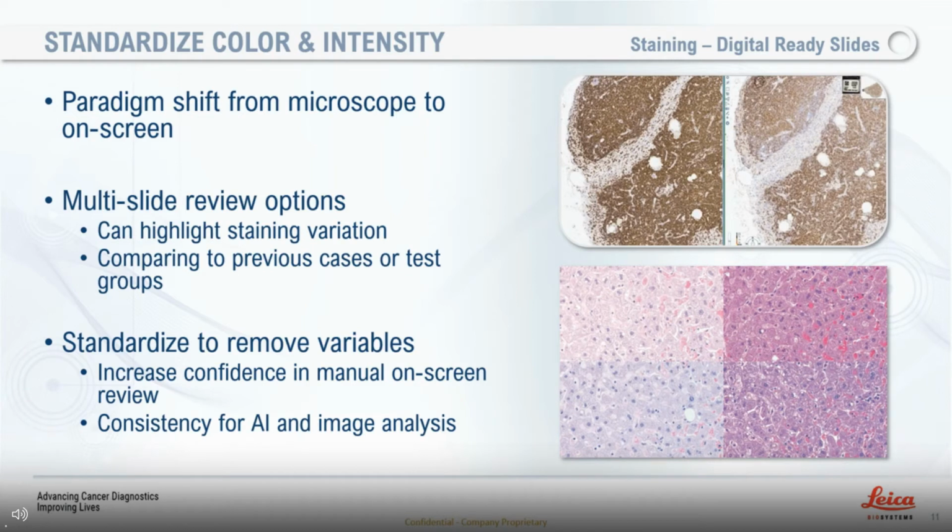As you start looking at leveraging digital pathology, either for sharing across multiple sites where you have your tissue coming from different labs and either into a centralized or distributed review, that can highlight some of these differences and really bring them to the fore.